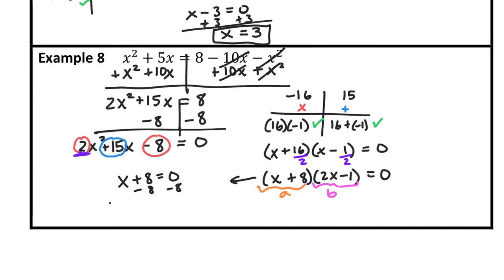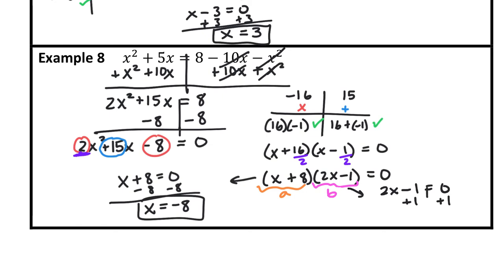So subtract. That means x equals negative 8. Or we could say that 2x minus 1 equals 0. So that means we add 1 on both sides. We get 2x equals 1.